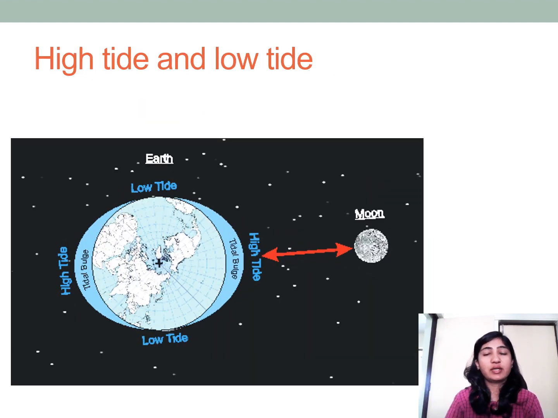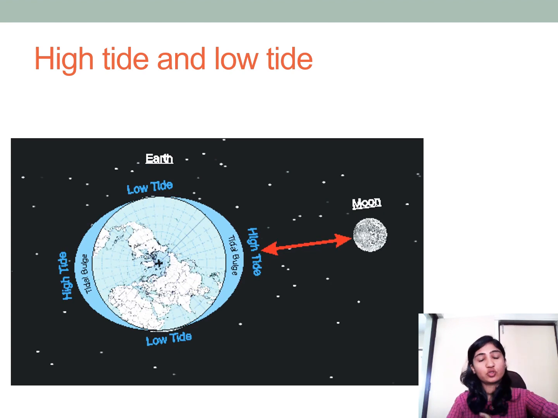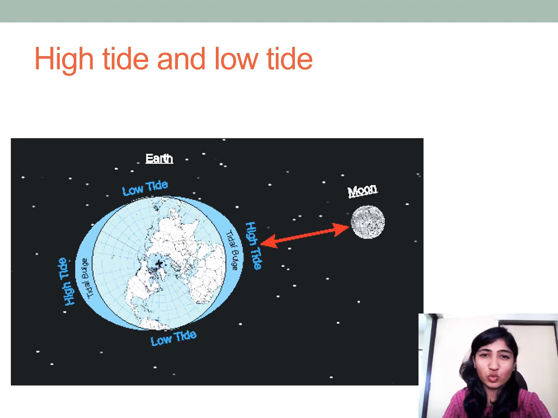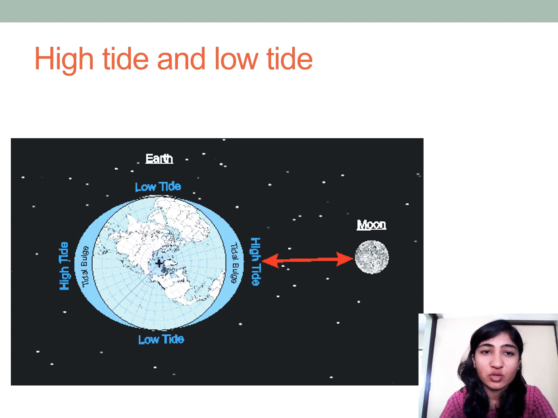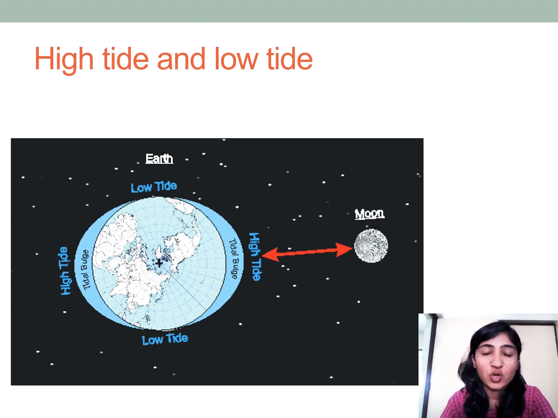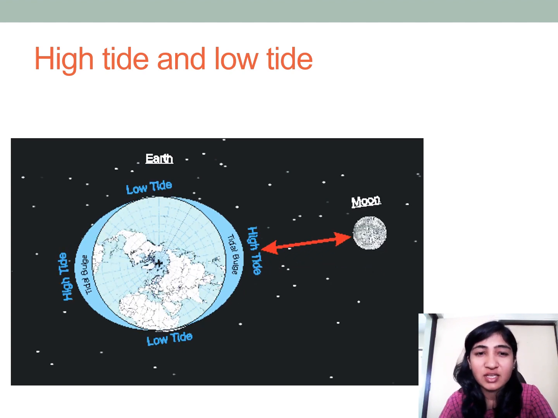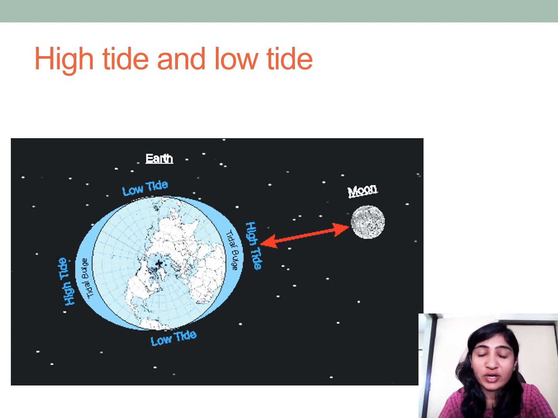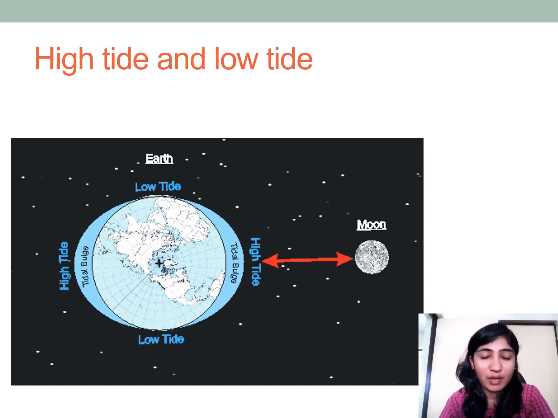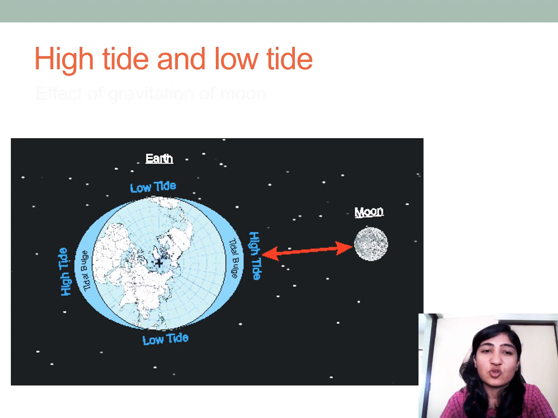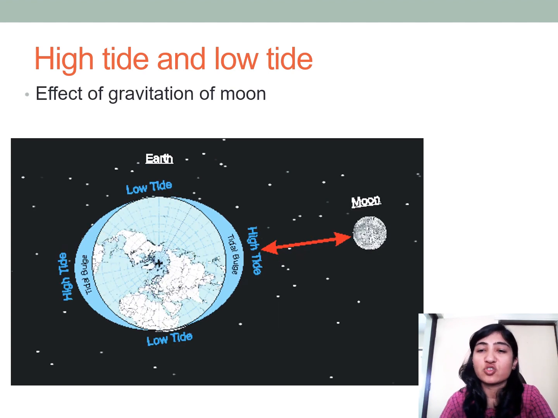Next point is high tide and low tide. So you must have heard about the high tides and low tides in the sea. Bharti, Ohoti, I class it, right? So high tide, that is Bharti, and low tide is Ohoti. So why do high tides and low tides happen? It's the effect of the gravitation of the moon.